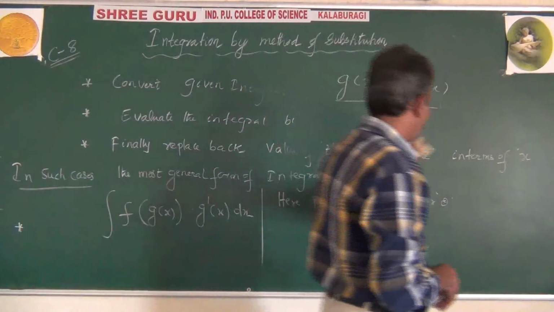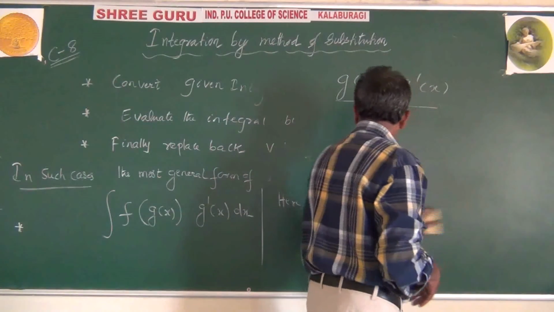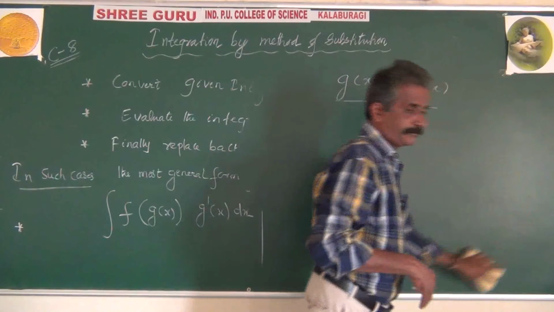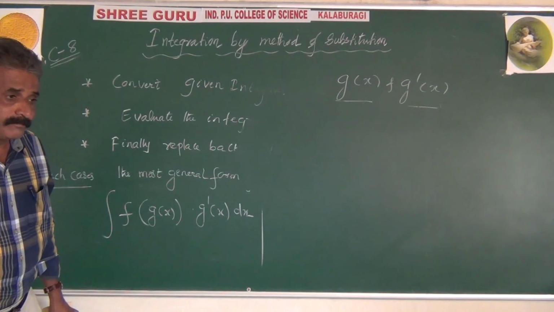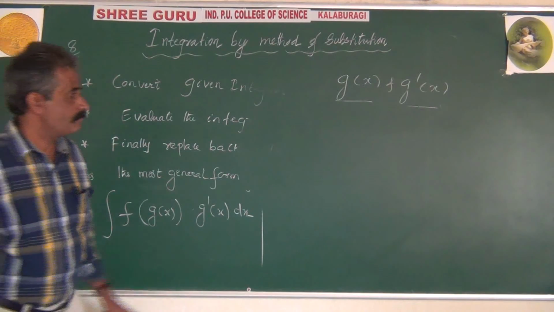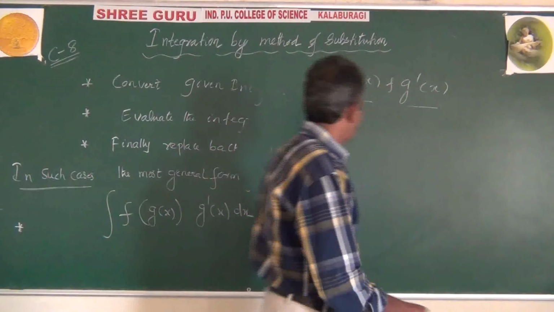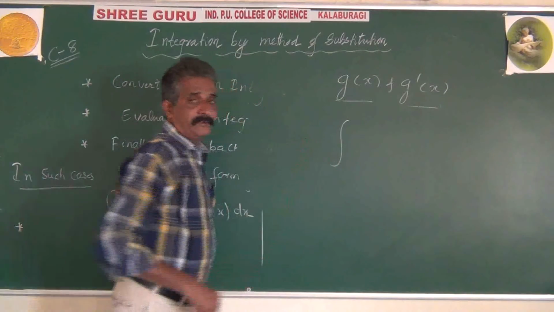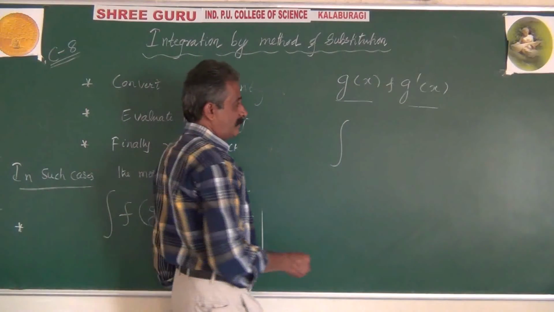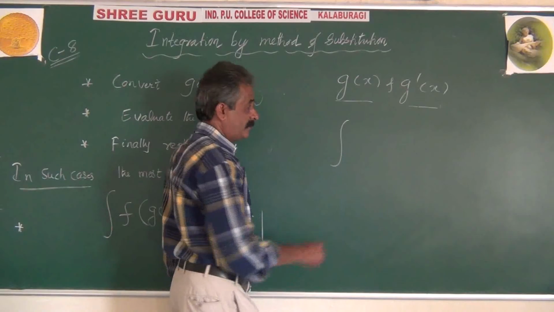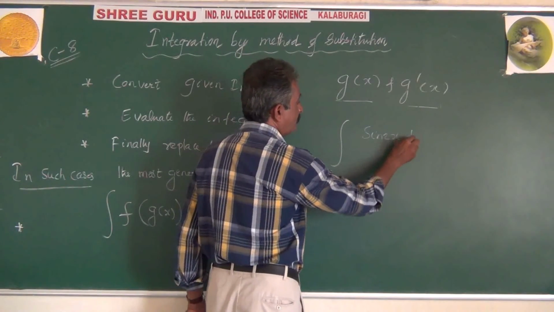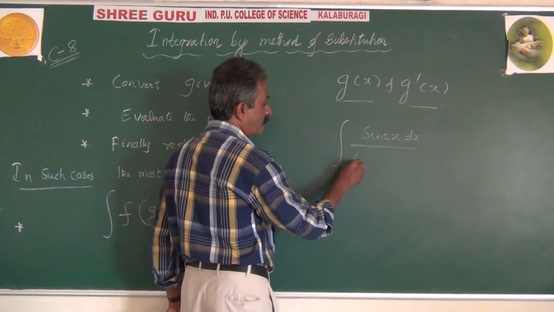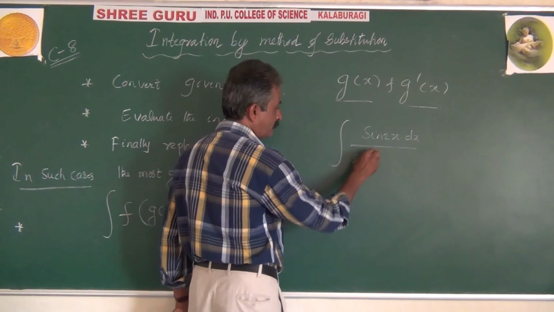Now see this example. Suppose you are given: evaluate, or integrate, whichever it may be, integration of sin 2x divided by sin x power 4 plus cos x power 4.